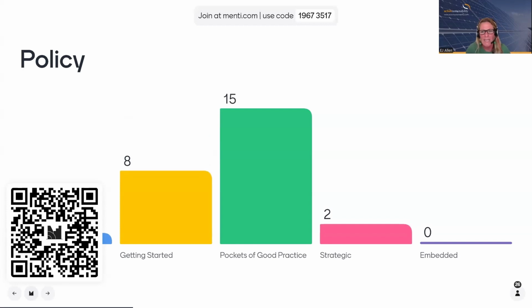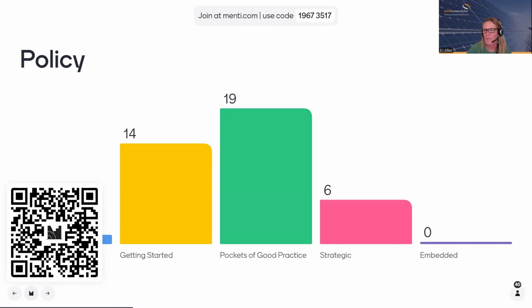It talks about regulations. When it's embedded, everybody knows about the policy and they understand their role in delivering it. And it aligns with the wider organizational mission and values. Okay, so that's embedded. And as I go through this, I would say it's very rare from my experience that organizations are embedded in any of these areas. So hopefully that frames things a little bit.